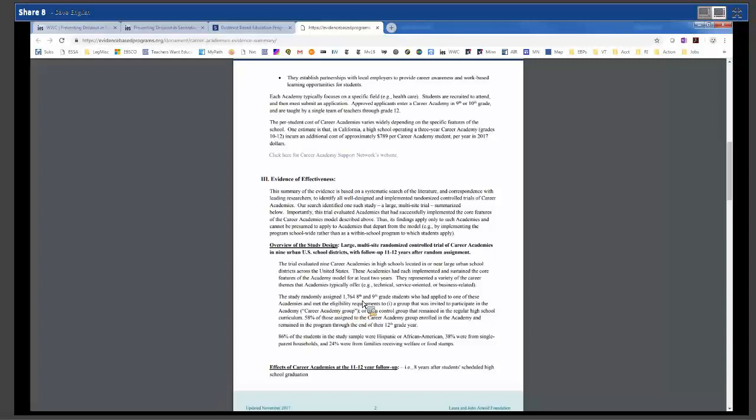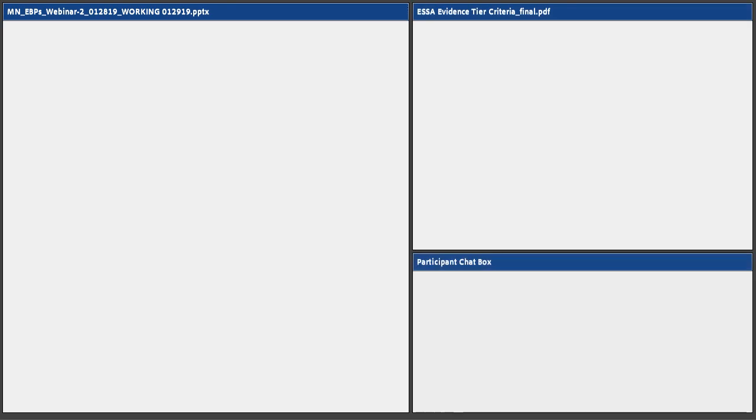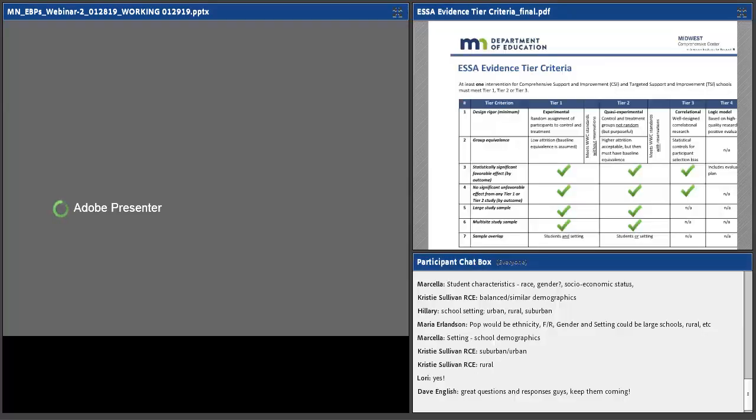So there you have information that it's a randomized controlled trial. If it says the study randomly assigned, it's a good chance it's a randomized controlled trial, even though you didn't have to look for that for this particular study, because that's already embedded in the rating that the clearinghouse gave this study. It has that information along with the sample size, which is larger than 350 students.